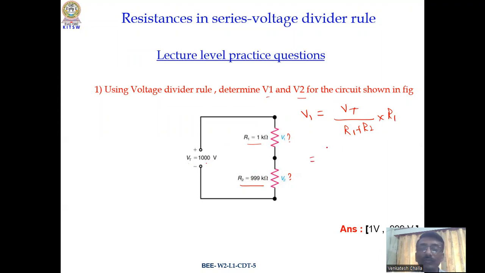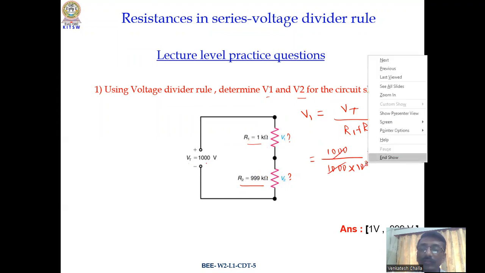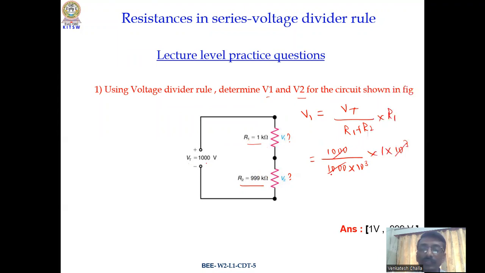So that is total voltage 1000 divided by R1 plus R2, which is 1 kilo ohm plus 999 kilo ohms, that is 1000 kilo ohms, that means 1000 into 10 cube, into R1. R1 is 1 kilo ohm, that means 1 into 10 cube ohms. So 1000 will cancel, 10 cube and 10 cube will cancel. So V1 will become 1 volt. Okay, V1 is 1 volt.